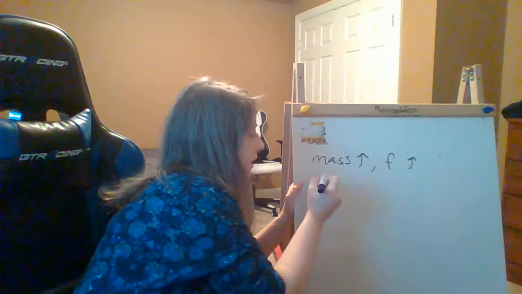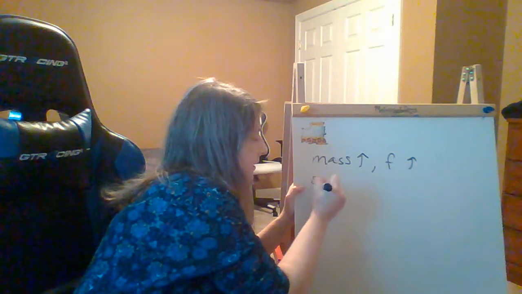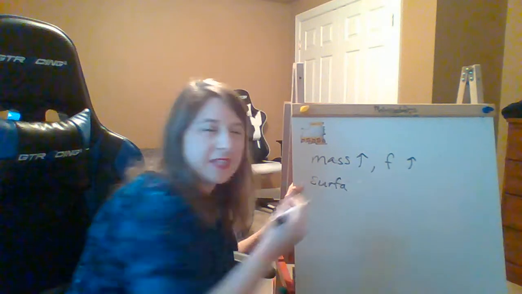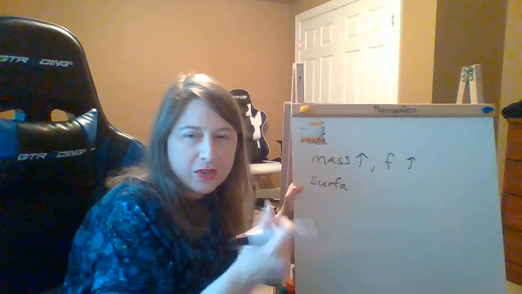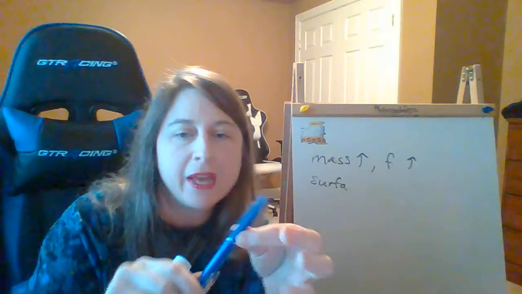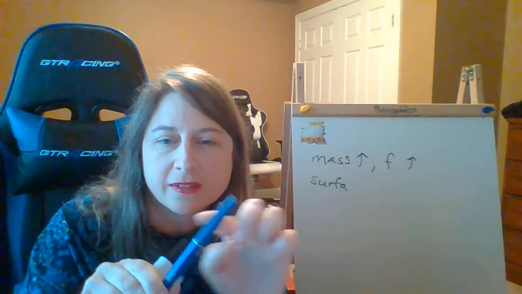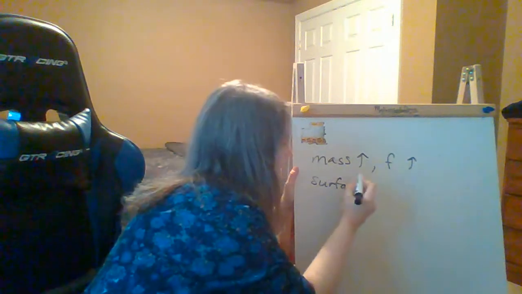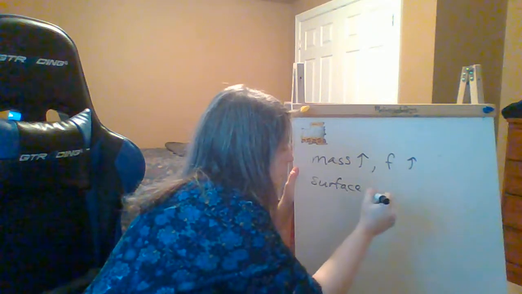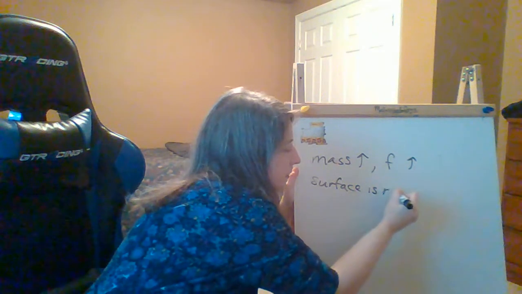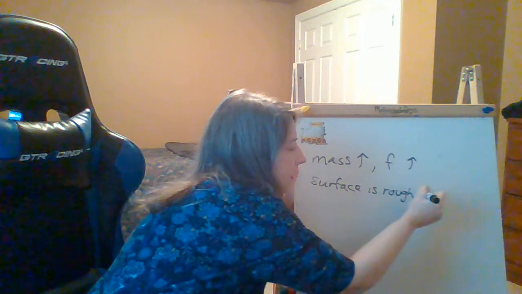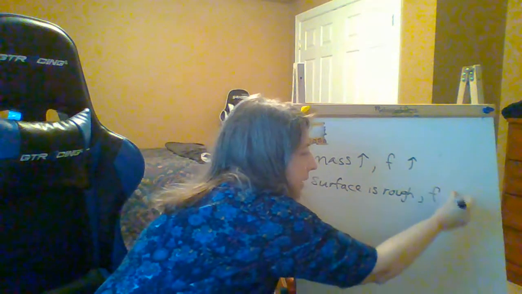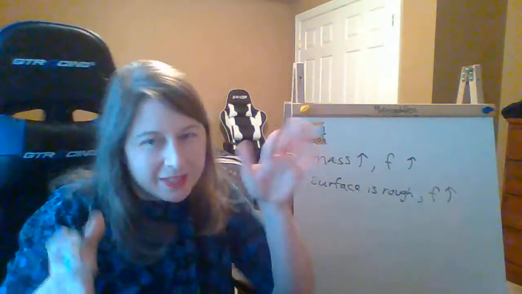So if the surface is rough or sticky, like silicone or grippy. In fact, my pen stayed on the board because it has this sticky silicone grip with high friction. So if the surface is rougher, then friction will be higher.